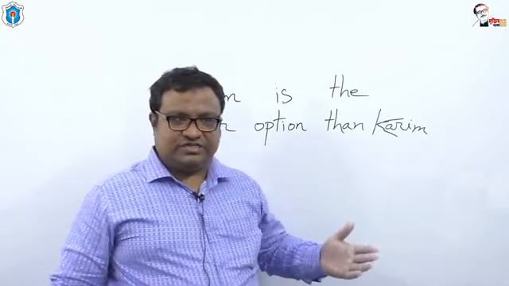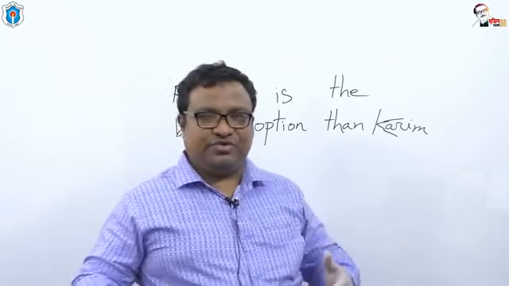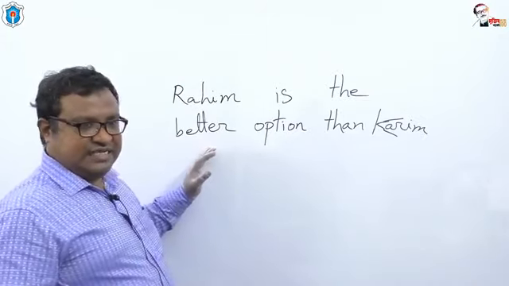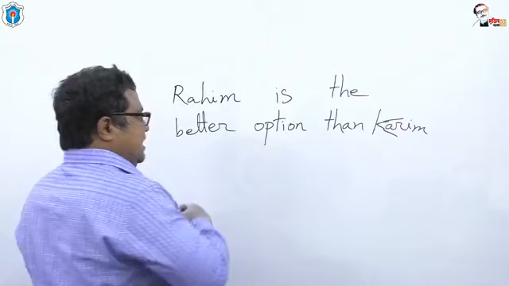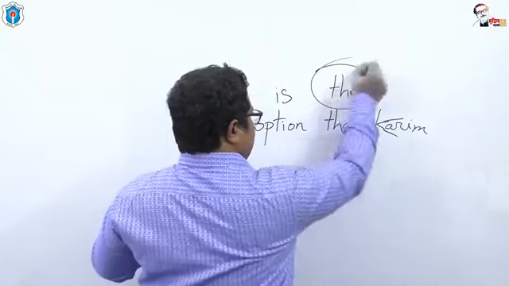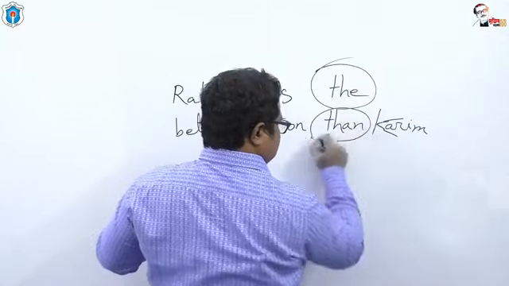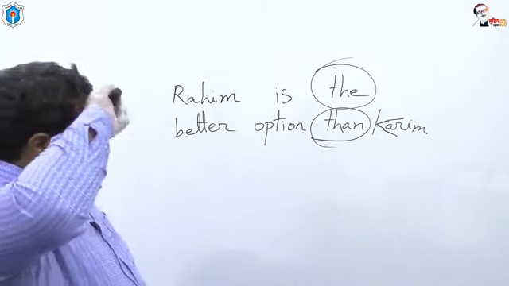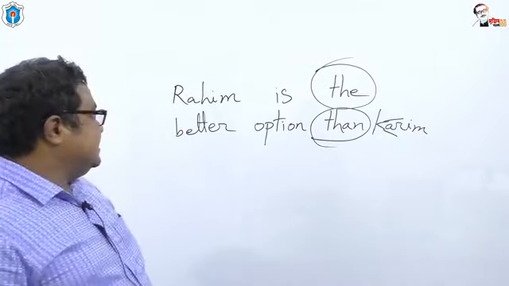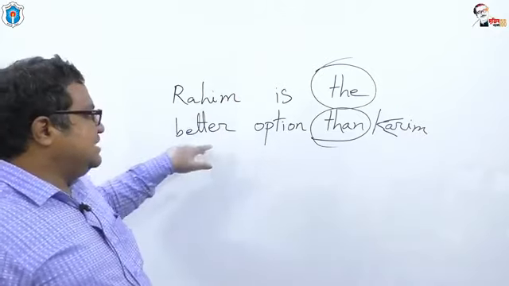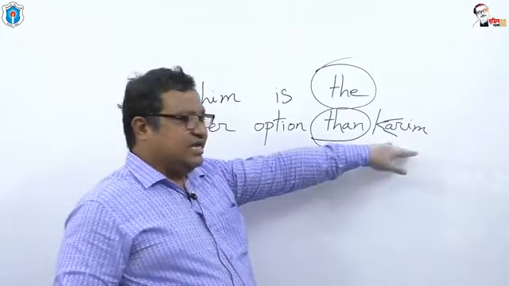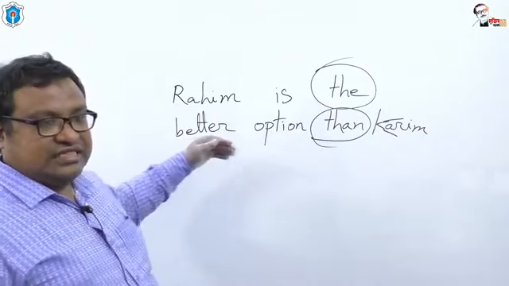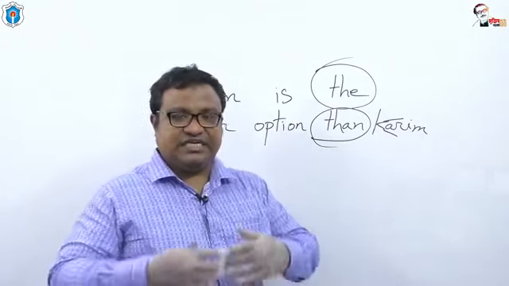No, my dear students, there is no problem with me. The problem is with this sentence. The problem is I cannot use the when I am using than. So the correct form of the sentence is Rahim is better option than Karim, not Rahim is the better option than Karim, because I am using than.